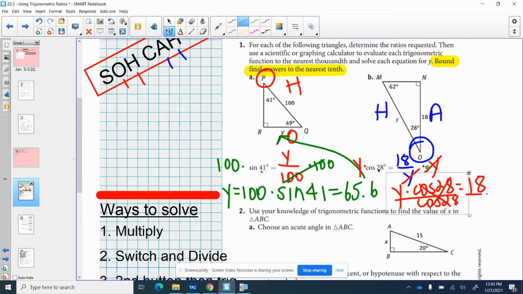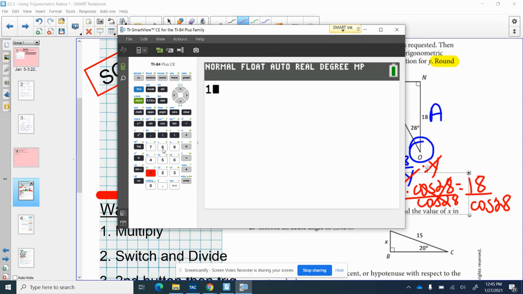Again, that's one thing, that cosine of 28. Okay, that's all one expression. So on this one, we're going to take 18 and divide it by cosine of 28. This time, our missing hypotenuse is 20.4.